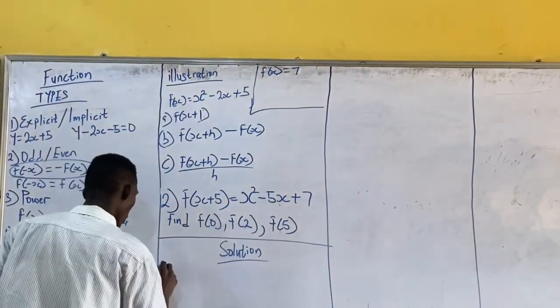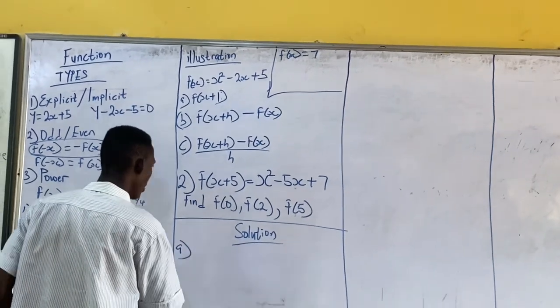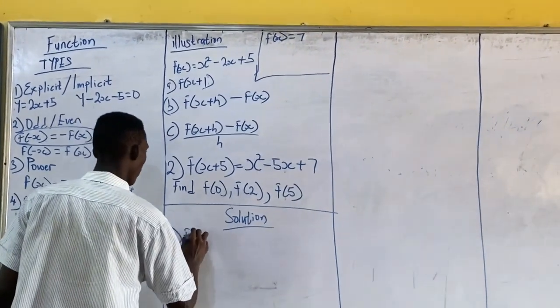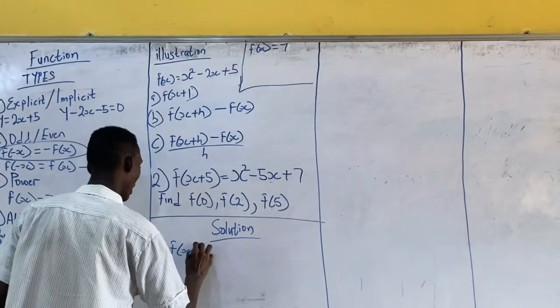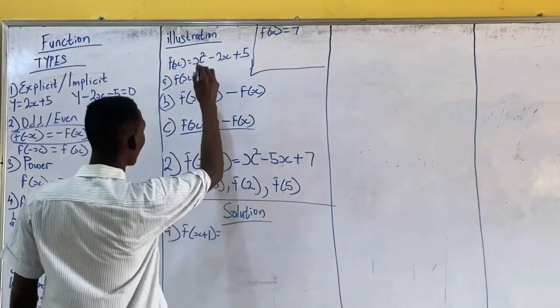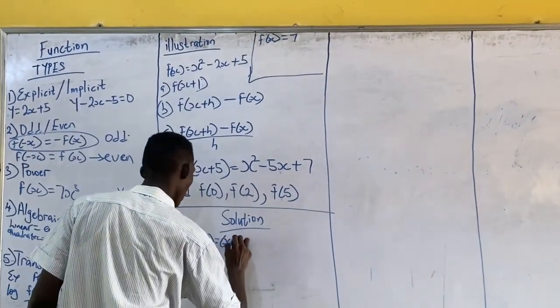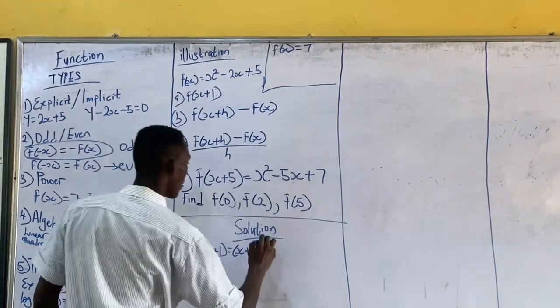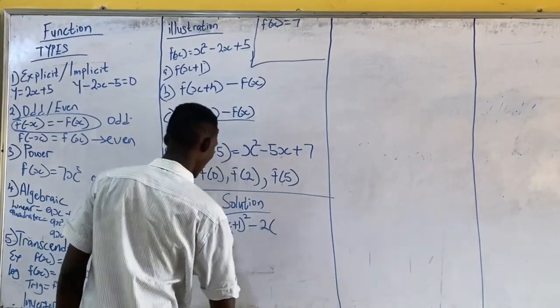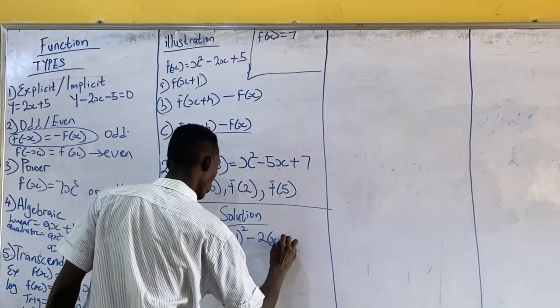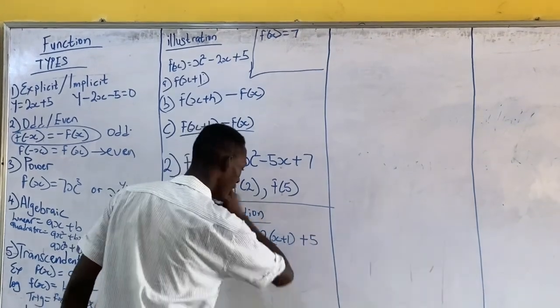So now for solution 1 or solution A, function of x plus 1 is equal to what? This is x square, right? So it will be in brackets x plus 1 square minus 2 in brackets x plus 1 plus what? 5.